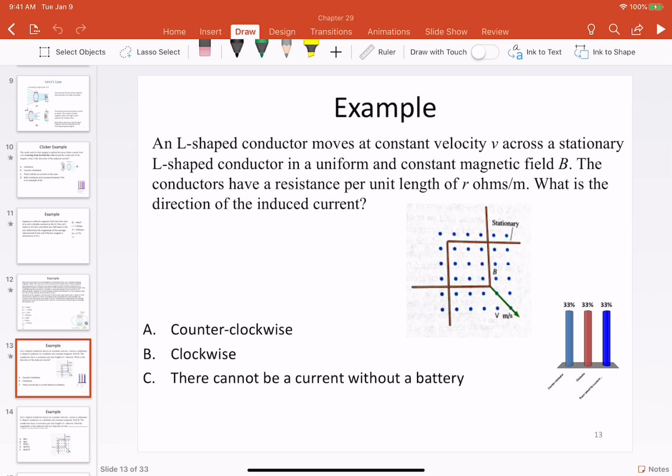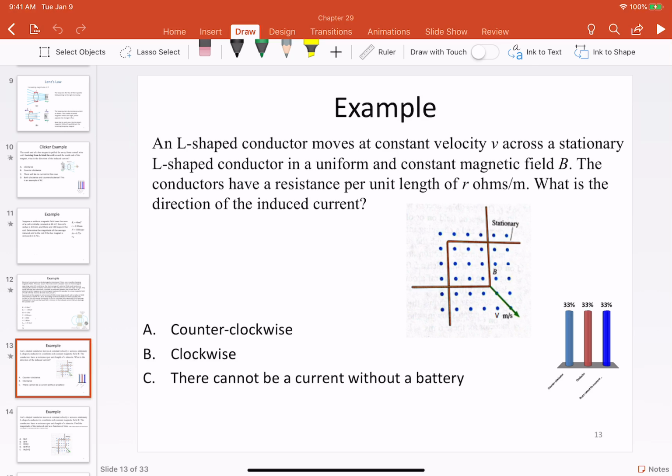It says that an L-shaped conductor moves at a uniform, constant velocity across a stationary L-shaped conductor in a uniform and constant magnetic field. The conductors have resistance per unit length R ohms per meter. What is the direction of the induced current, right? So what's happening here is that one of these L-shaped conductors, the one on the right, is moving diagonally, right?